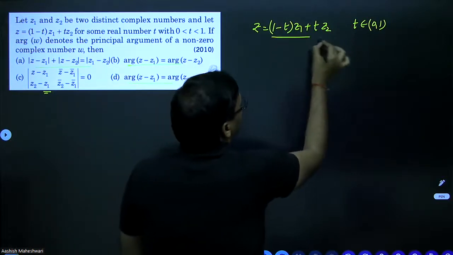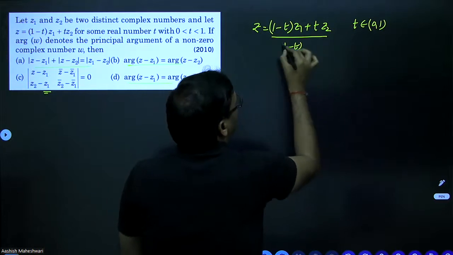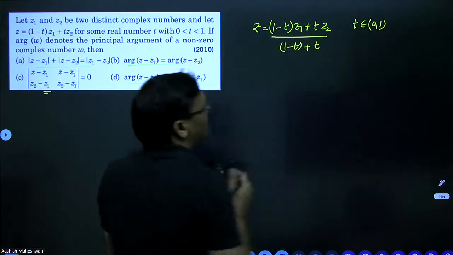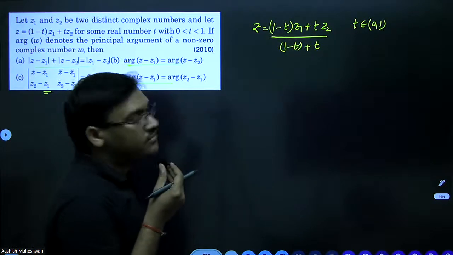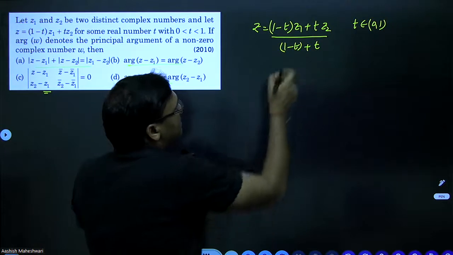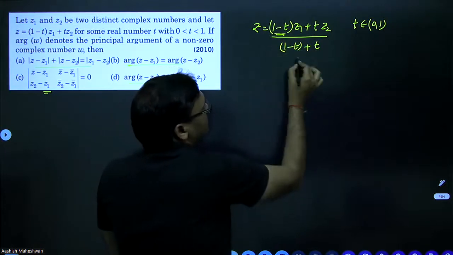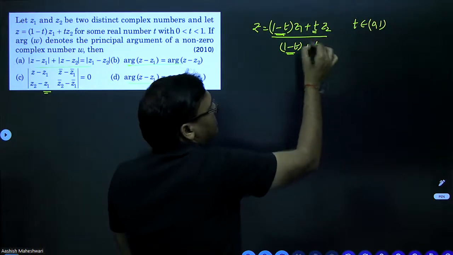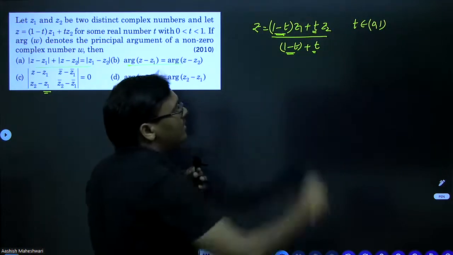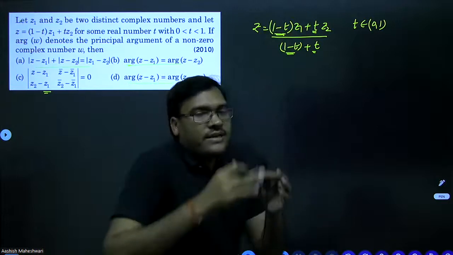Can we say if I just divide by (1 minus t) plus t? What I have done is I have just divided by 1. 1 को I have written 1 minus t plus t. So this you can see is a positive number, because t is between 0 and 1. 1 minus t is positive, t is positive. By looking at this, are you getting something?